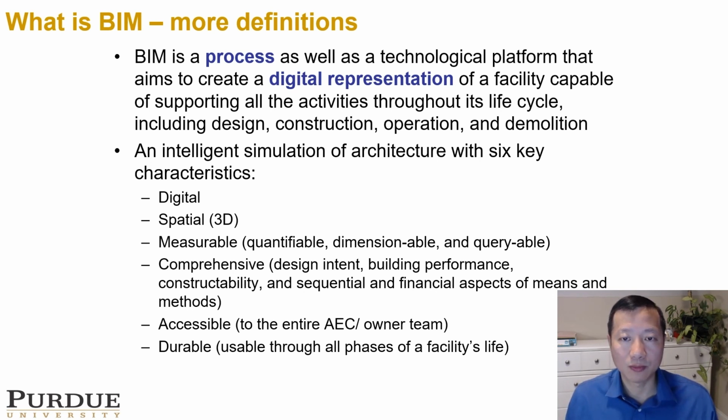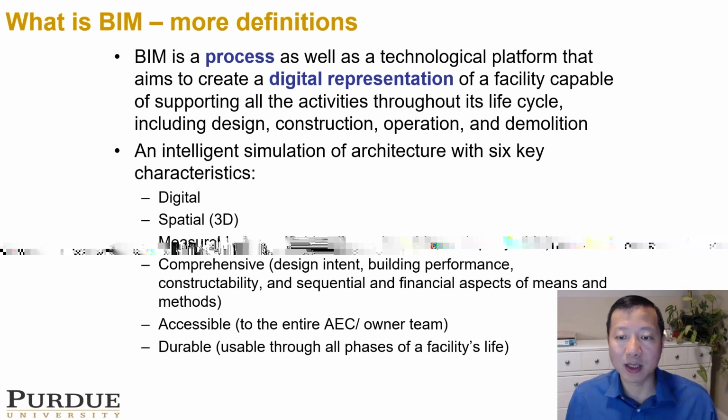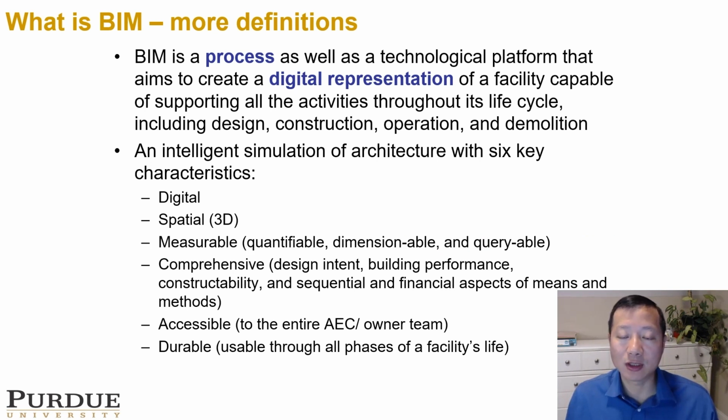First, it's digital. We are not talking about paper drawings. Second, it's spatial. So every building element has a location and also 3D geometry. Third, it's measurable. Measurable means that we are looking at each individual object. We can quantify, we can measure their dimensions, and we can ask questions about these objects and query and search through.